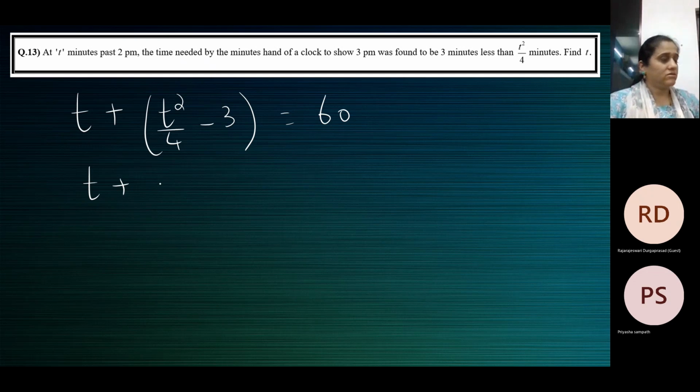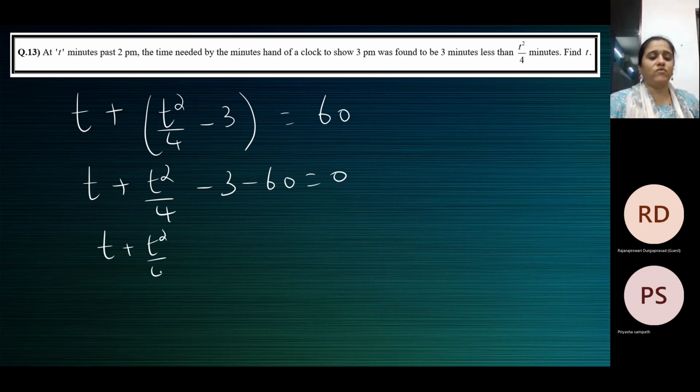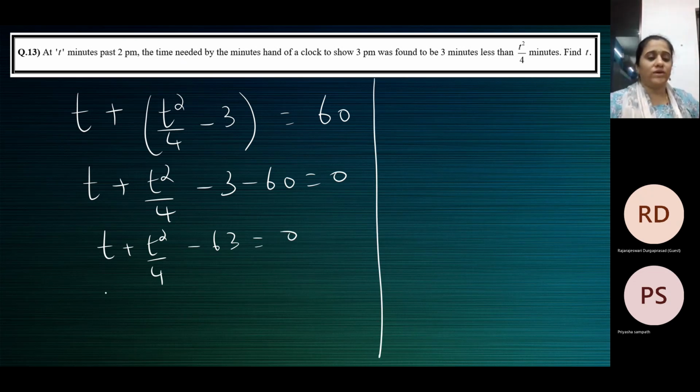So t plus t square by 4, you can take the minus 3 to that side to bring 60 here, is equal to 0. So t plus t square by 4 minus 63 is equal to 0, correct? So we have 4t plus t square minus 252 is equal to 0, correct?